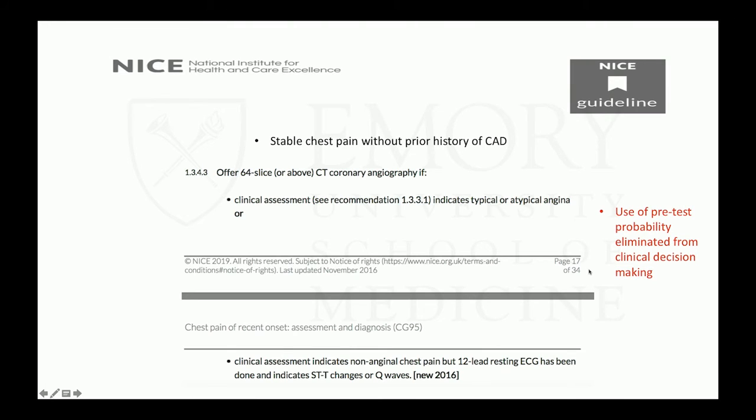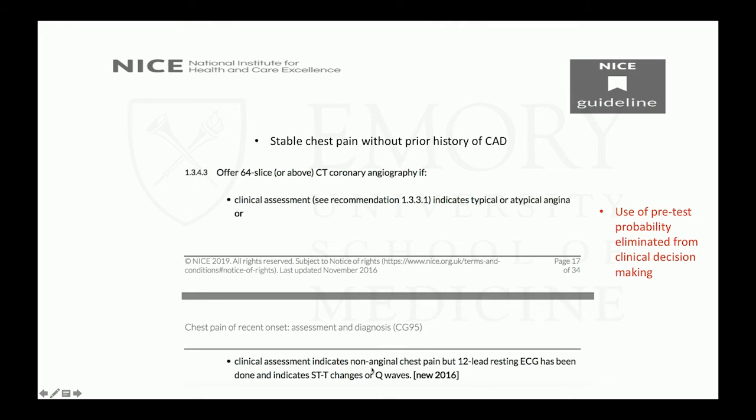And so how do our appropriate use criteria differ from some of the recommendations out there across the pond? Well, the NICE guidelines, which are essentially clinical guidelines used in the United Kingdom, actually have coronary CTA as the first choice test. So anyone where your clinical assessment suggests typical or atypical angina, CTA is your first line.